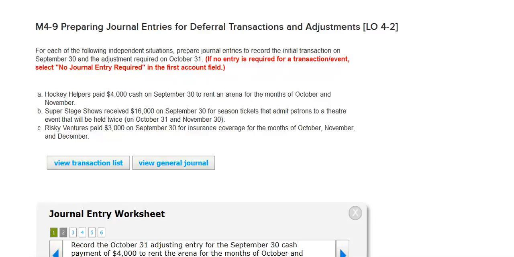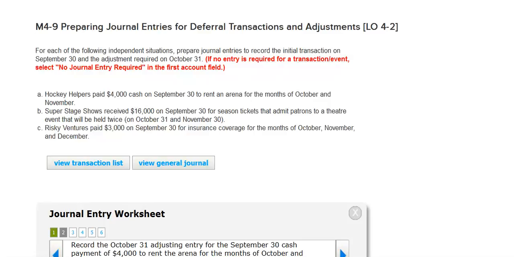The problem is that the cash doesn't correspond with the revenue being earned or expense incurred. There is an original transaction recording the cash receipt or payment, but the recording of the revenue or expense has to be delayed or deferred. In fact, defer means to delay. Then a second entry, which we call the adjusting entry, is made to record the revenue when it is finally earned or when the expense is incurred.